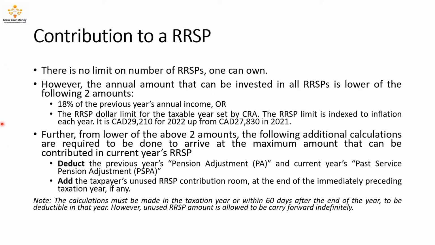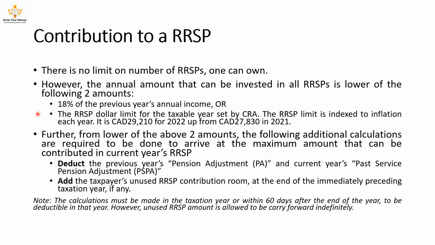It is also important to understand that there is no limit on the number of RRSPs one can open and own. However, the annual amount that can be invested in all RRSPs is the lower of the following two amounts. Number one, it cannot be more than 18% of the previous year's annual income, or the RRSP dollar limit for the taxable year set by the CRA.